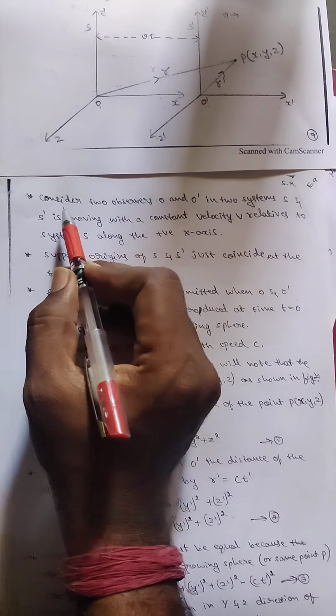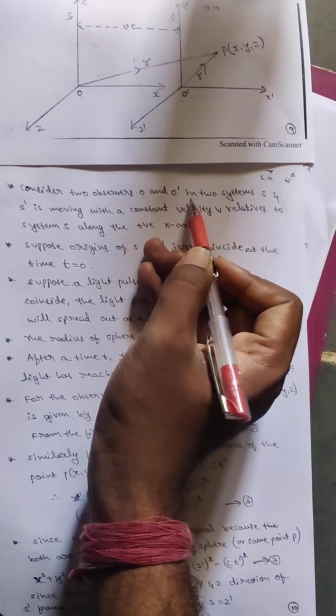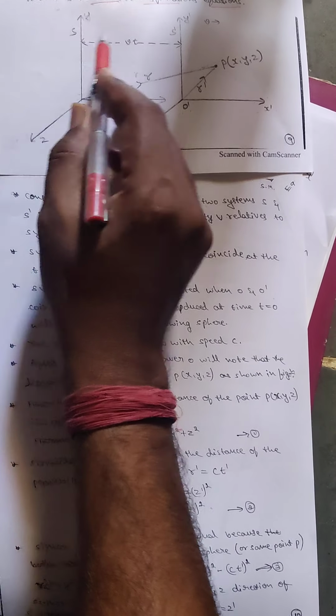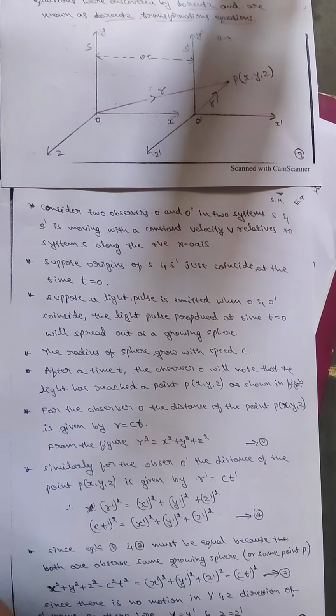Consider two observers O and O dash in two systems, S and S dash, with O and O dash as origins.